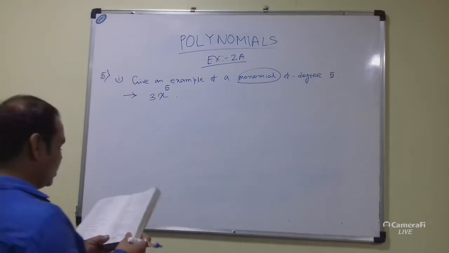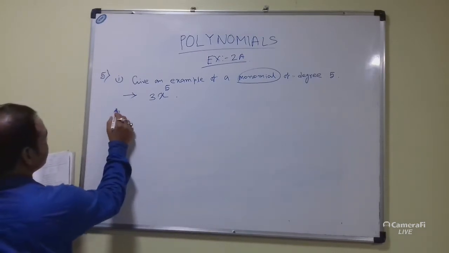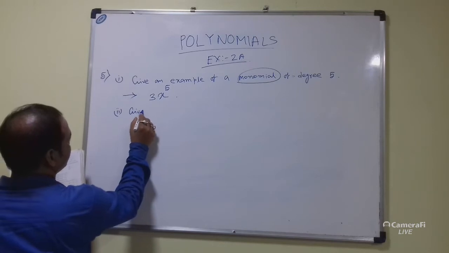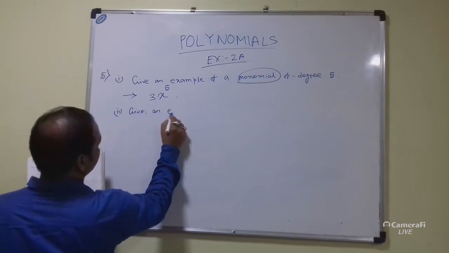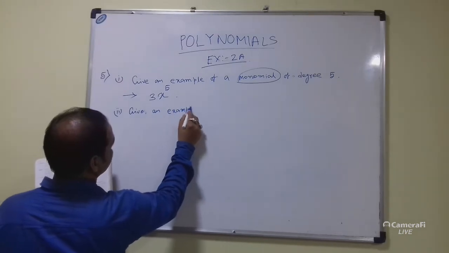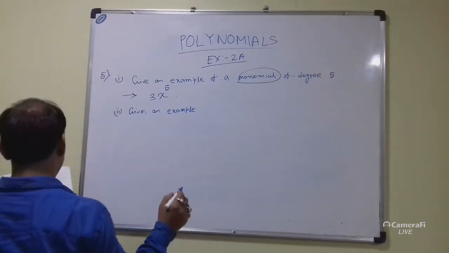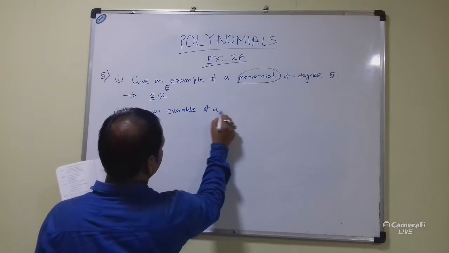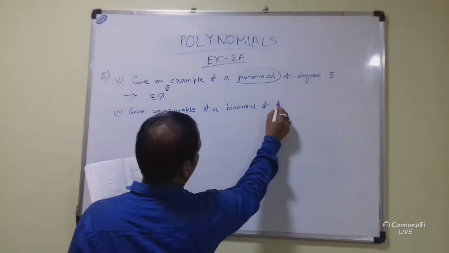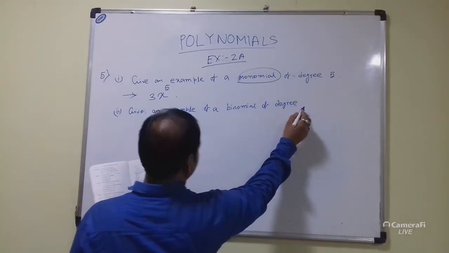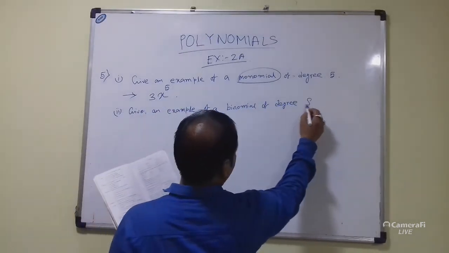Similarly, the second one is: give an example of a binomial of degree 8.